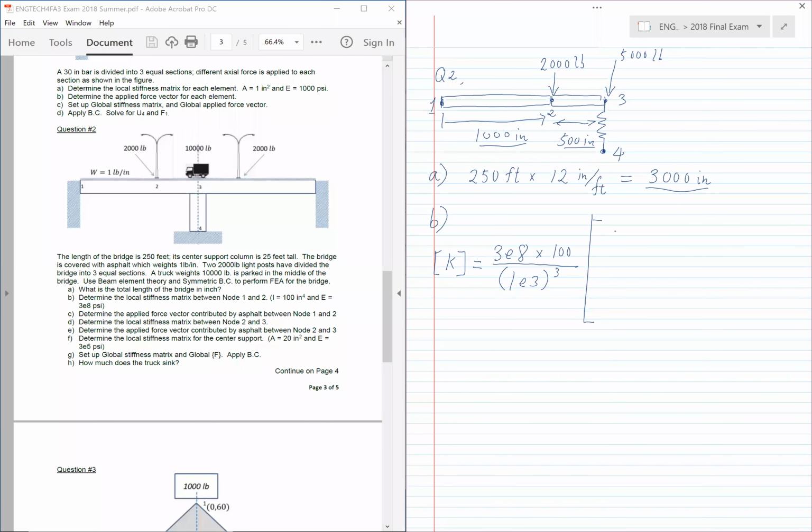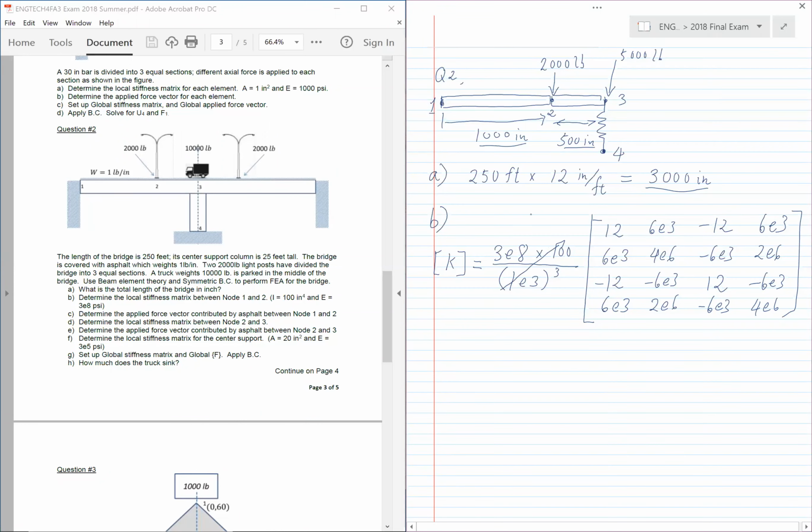Then I look at the formula: 12, 6e3, negative 12, 6e3, that term is the same, 6e3, 2e6, 4e6. 3 times this 3 becomes 30.